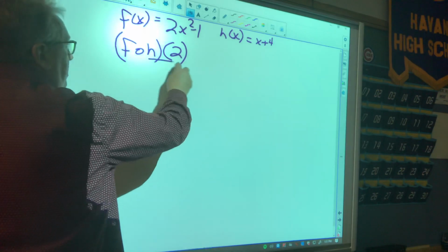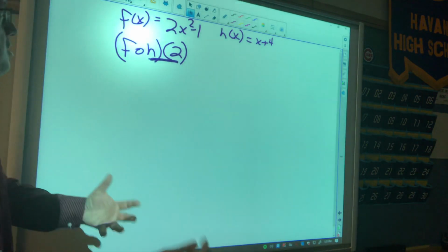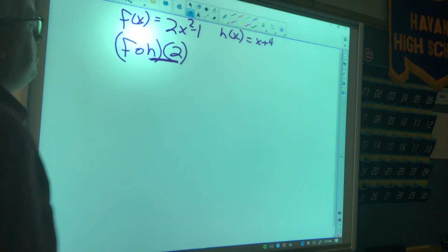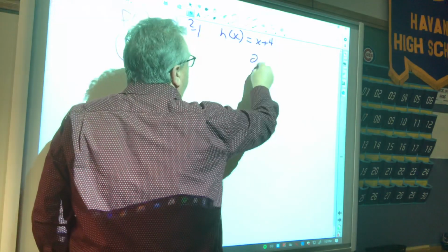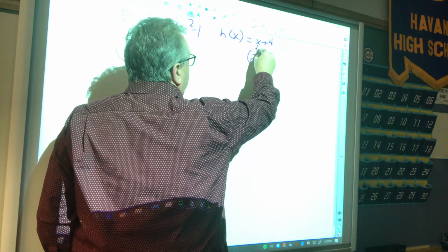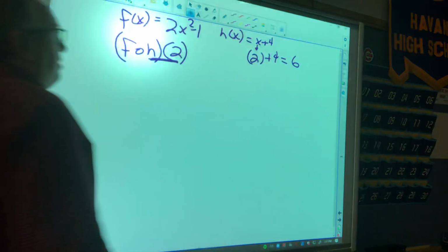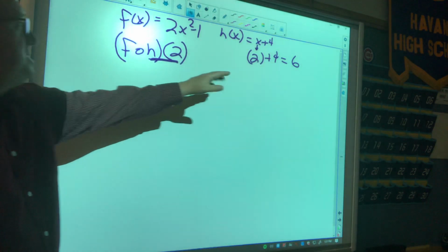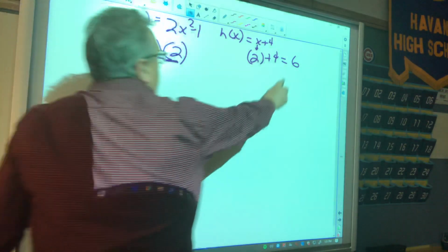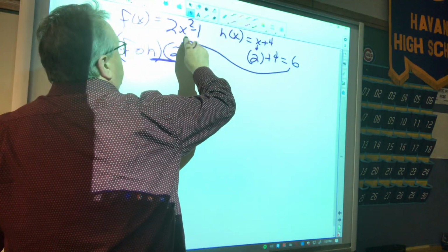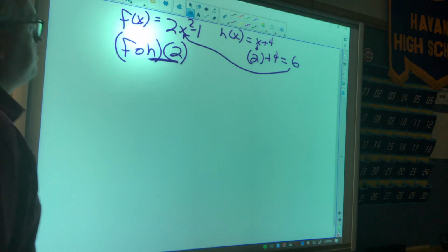So now we want to take the h of 2. In other words, what's the function of 2? So we go up here, we have 2 plus 4, which is 6. Well, that's pretty easy. But now we've got to take 6 and substitute it here in for x.